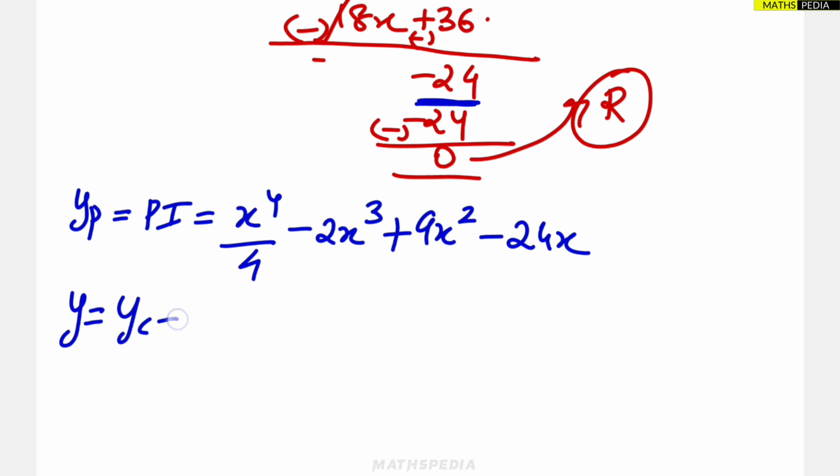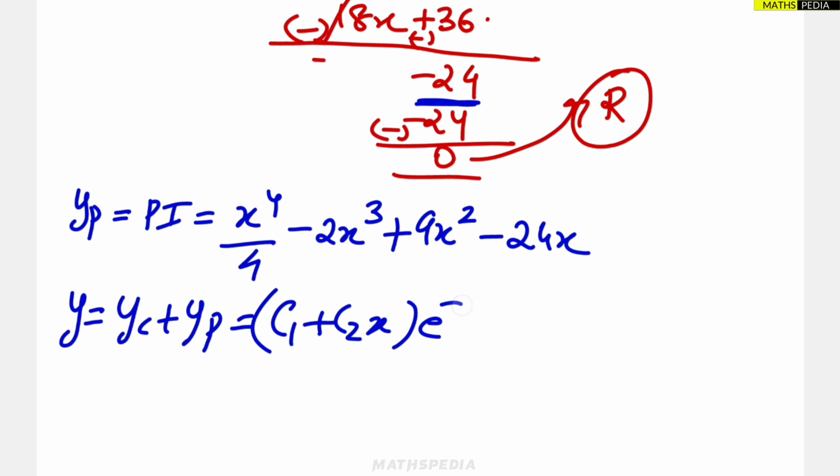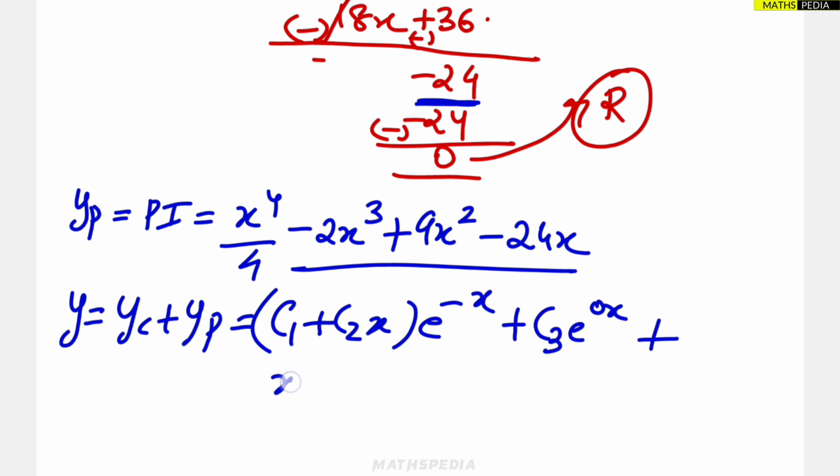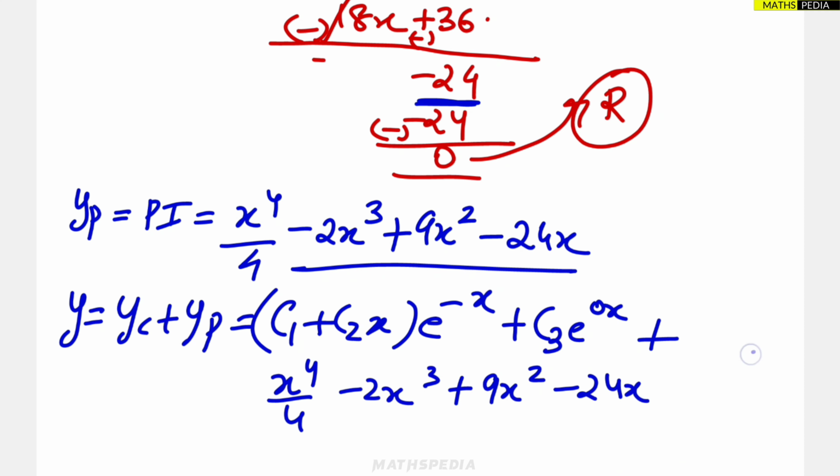Y is equal to yc plus yp. yc we already calculated, that you have to copy paste here. So c1 e power 0x plus c2, or c1 plus c2x, e power minus x plus c3 e power 0x plus this yp value, entire thing you copy paste. Okay. This is the entire solution.